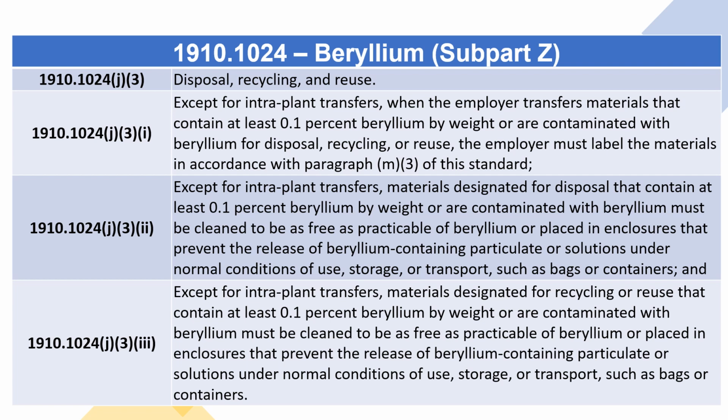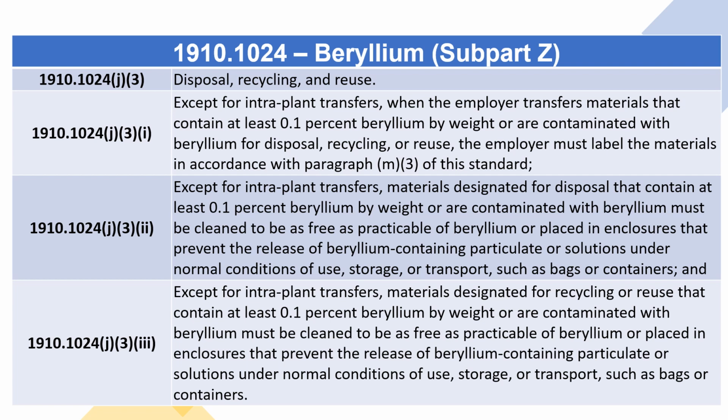1910.1024 J3 Disposal, recycling, and reuse. 1910.1024 J3(i) Except for intraplant transfers, when the employer transfers materials that contain at least 0.1% beryllium by weight or are contaminated with beryllium for disposal, recycling, or reuse, the employer must label the materials in accordance with paragraph M3 of this standard.